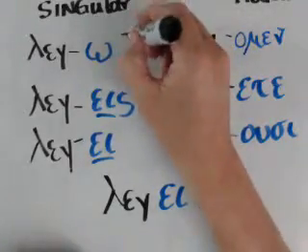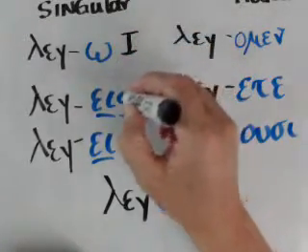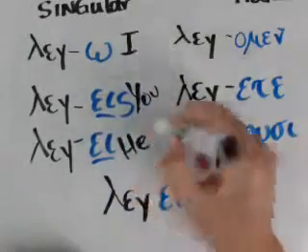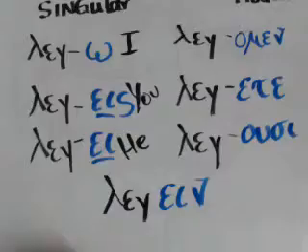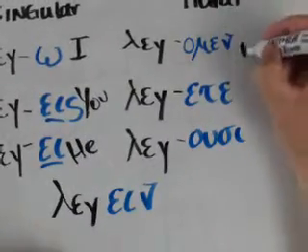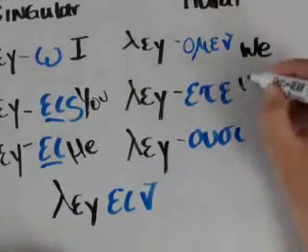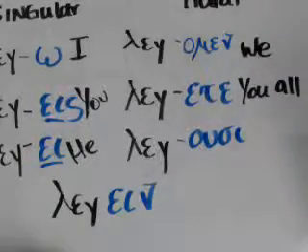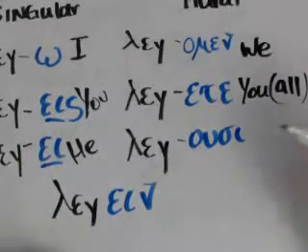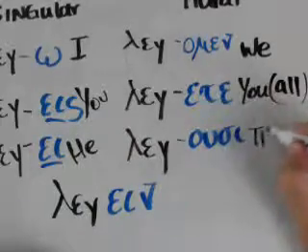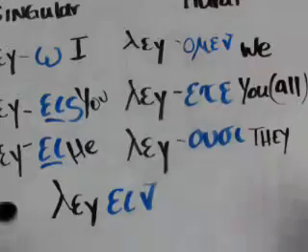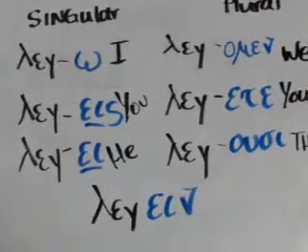So this is I and you and he and we, and then we just always included, we just wrote you all. You might put that in parentheses if you want to. And this is they. So now you have the present indicative active.